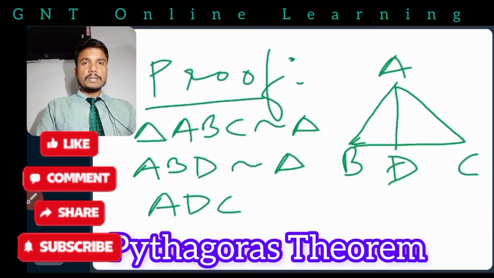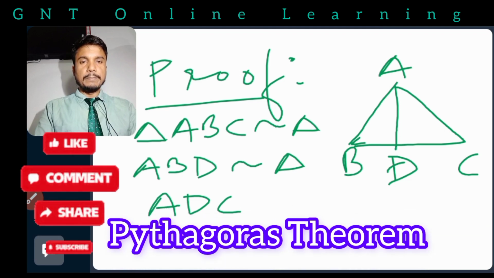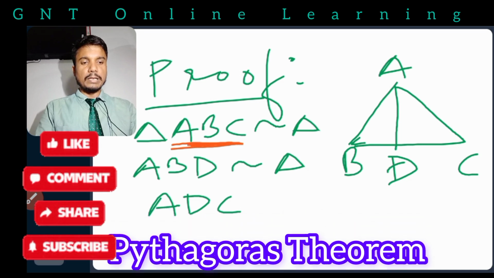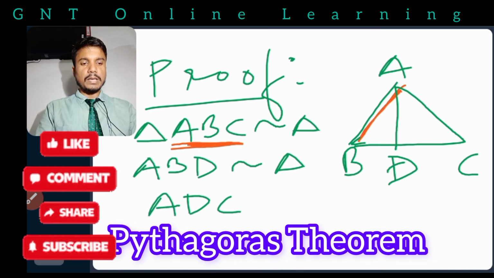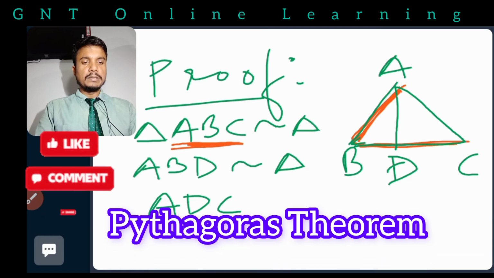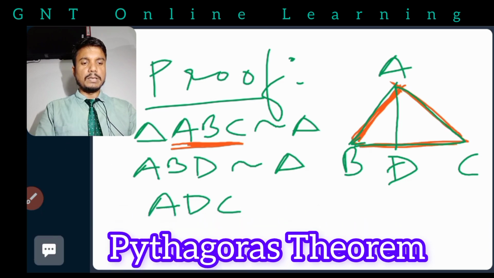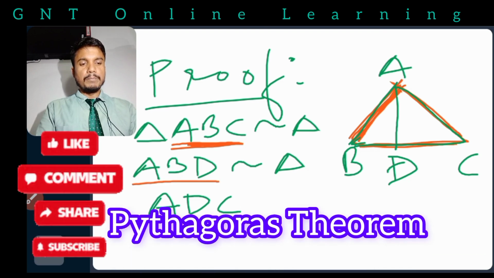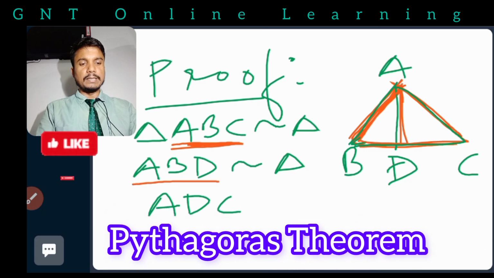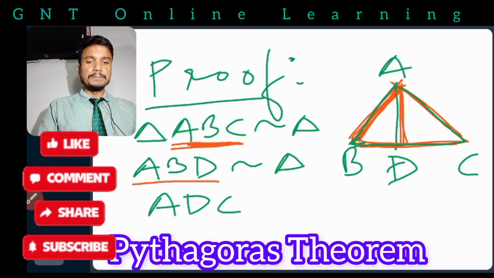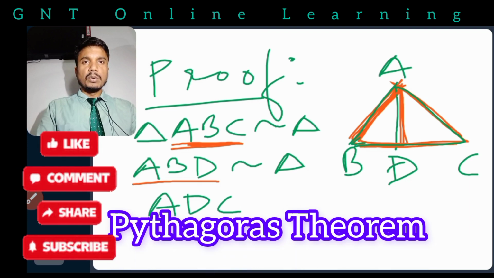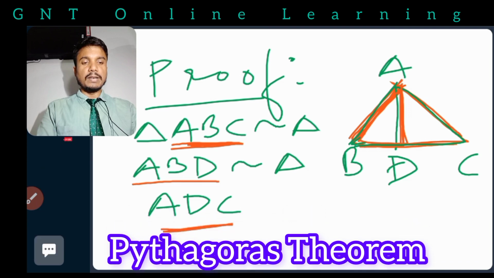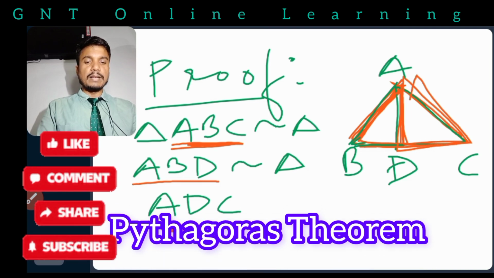Triangle ABC, this is A, B, C. Another triangle I have taken is ABD, so here A, B, D. And another I have taken is ADC. So here you have ADC. These triangles I have taken.